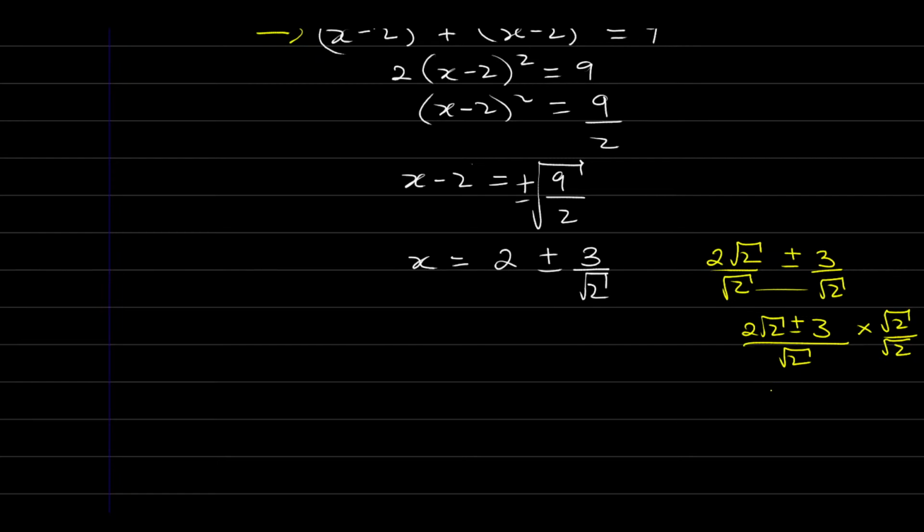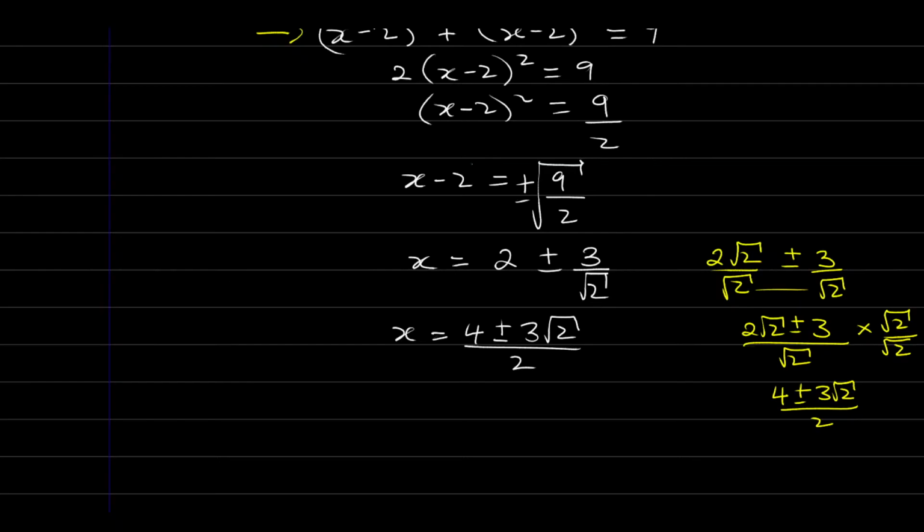And this will be 4 plus or minus 3 root 2 over 2. So I can rewrite x here as 4 plus or minus 3 root 2 all over 2. And when you do SIDS later on in the lesson, you'll be able to understand this as well.